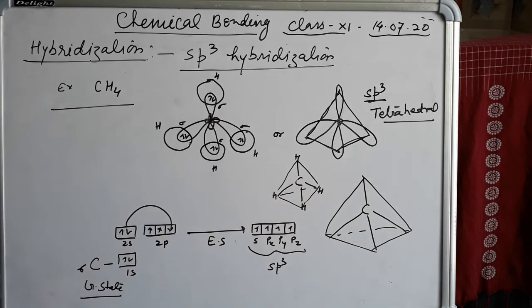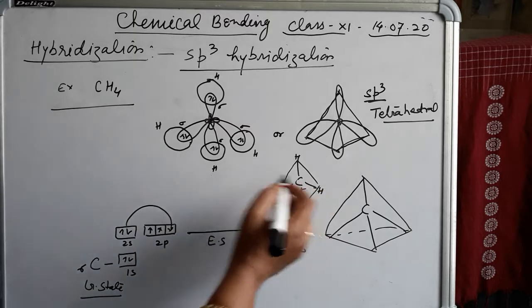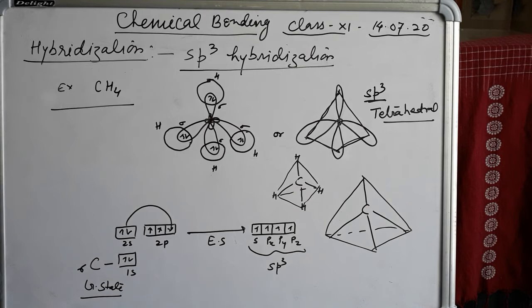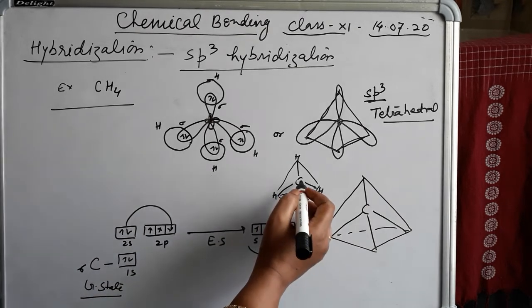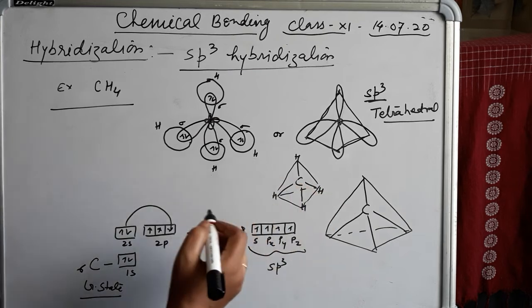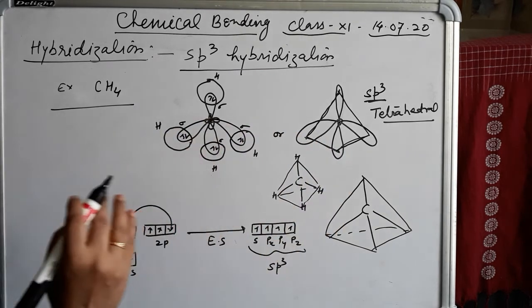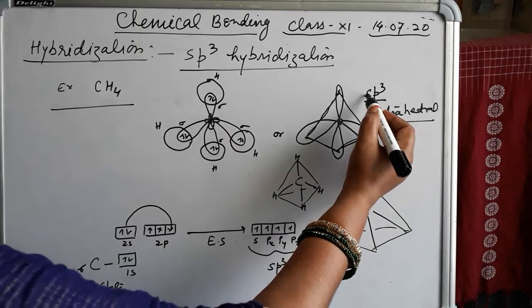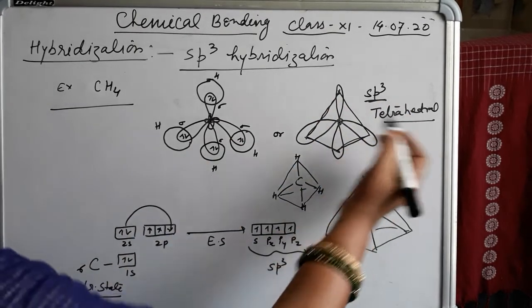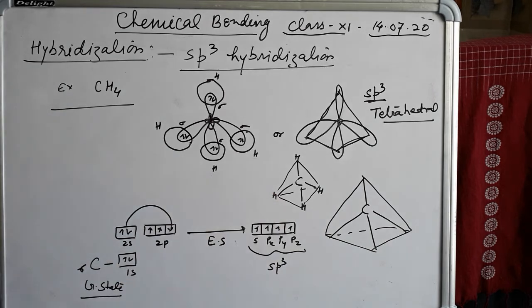So how can we find the hybridization of the central element? You have to remember: by counting the number of sigma bonds and lone pairs. There is no lone pair on the carbon, only 4 sigma bonds. 4 sigma bonds means 4 orbitals, which means 1s and 3p. The total number of orbitals is 4, so the shape becomes tetrahedral and the hybridization becomes sp3.